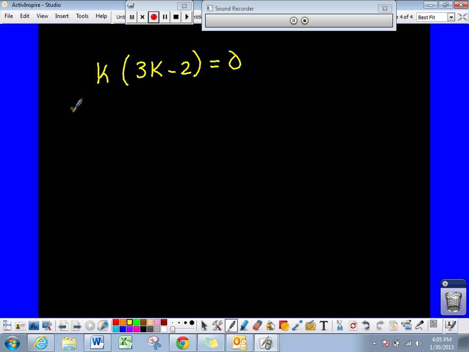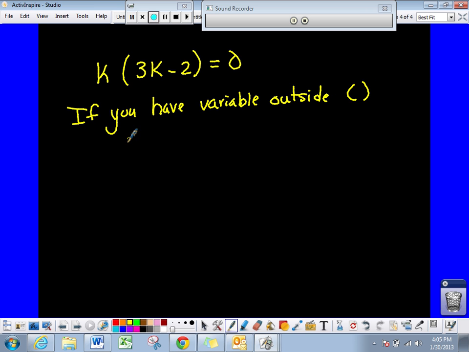If you have a variable outside of your parentheses, then your solution would be 0.